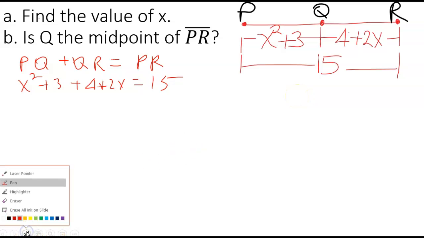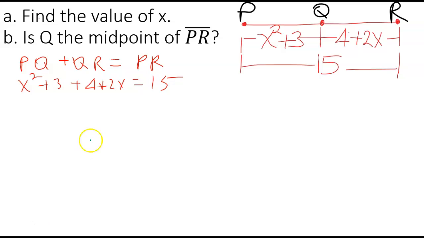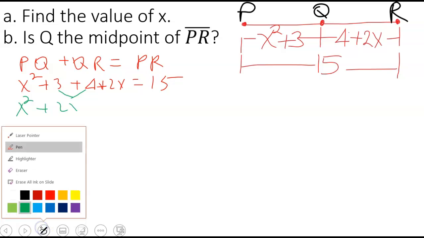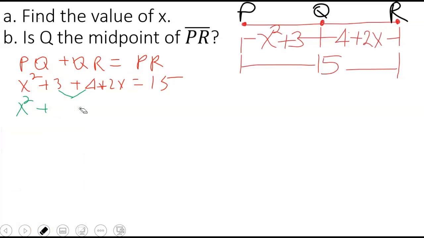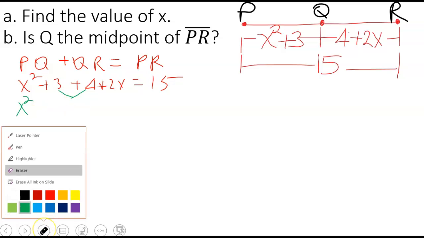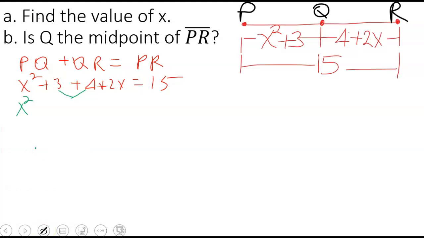So collect like terms. Well, we see 3 and 4, so we have x squared plus 2x, I wanted to make it look in standard form, and then plus 7 equals 15.